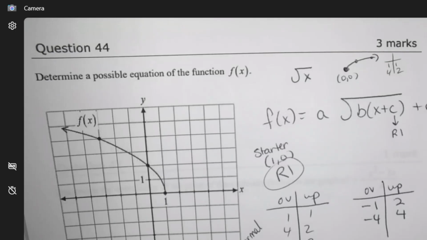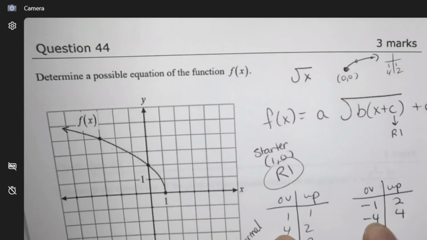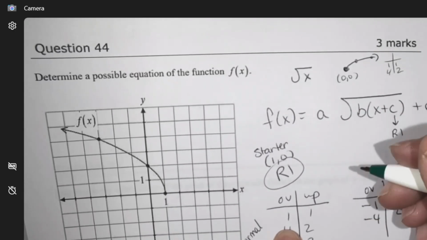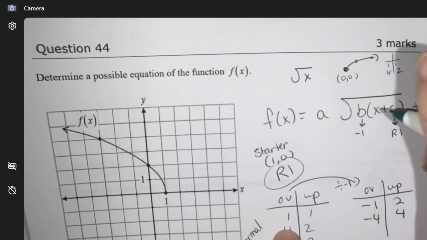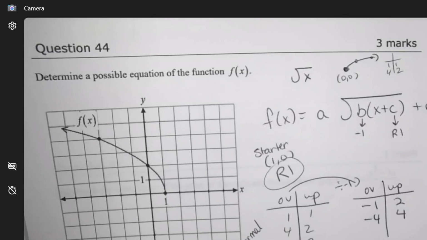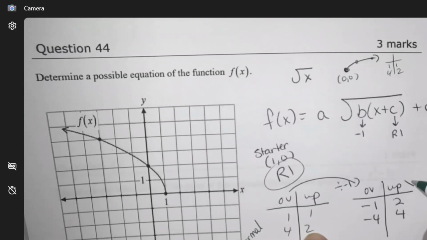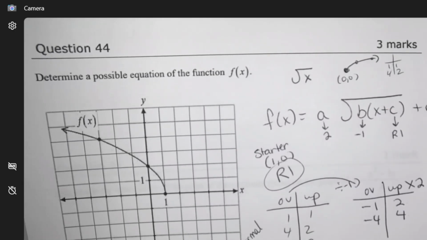Can you see some things? So what's happening here and here? Negating. So which letter does that change? It's a B. So we have divided by -1. So I need a -1 there. And what happened to this column? My pattern got times by 2, which is a times by 2 is on the A.